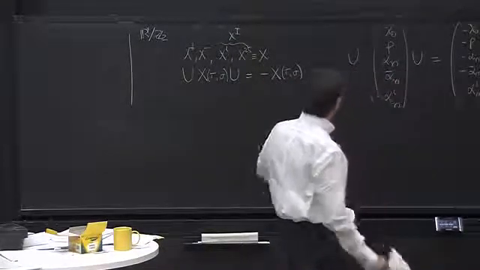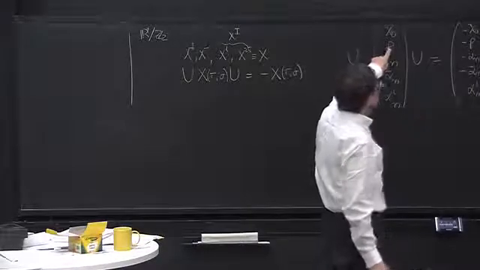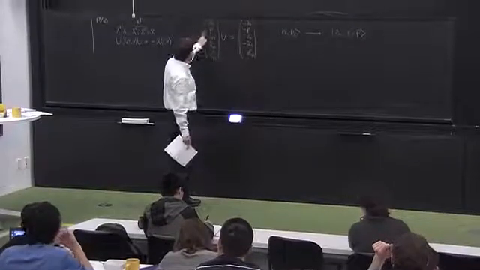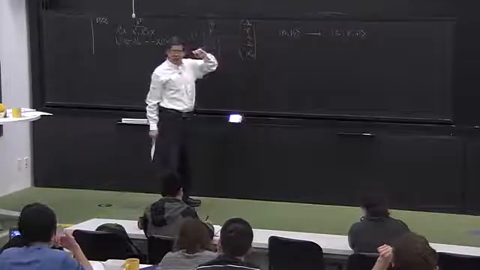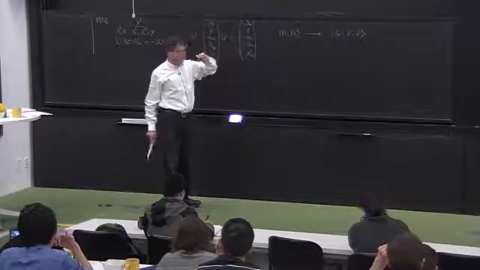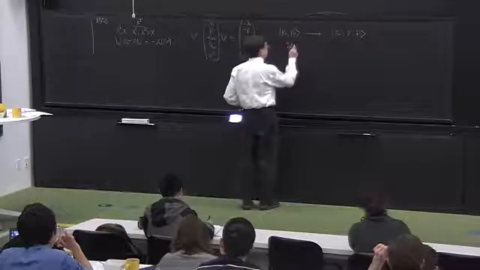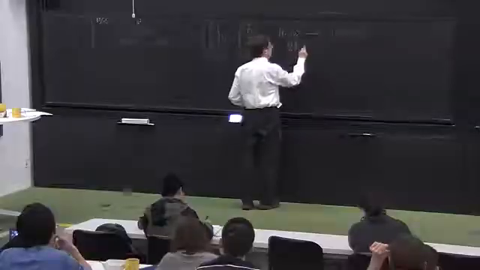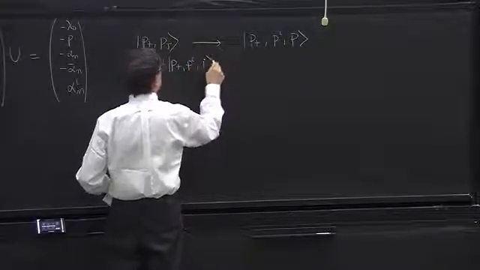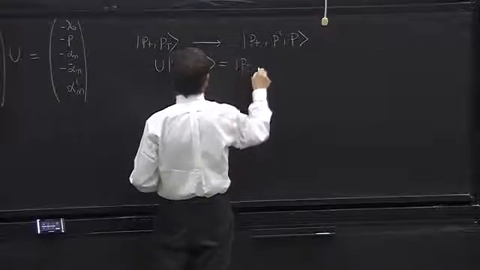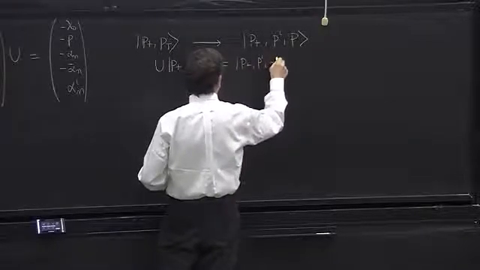On the other hand, the operator P associated to that last eigenvalue reverses sign under the orbifold operation. So we can say that the U operator on P plus, Pi, P is equal to P plus, Pi, minus P.